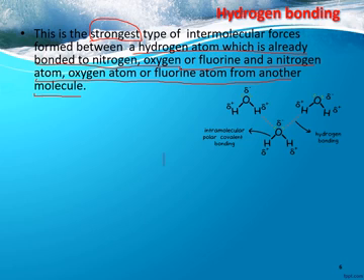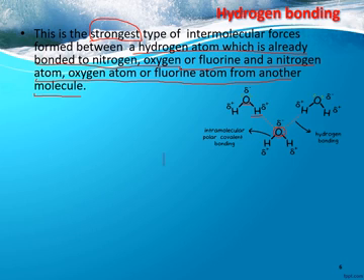Here we have a hydrogen atom, and our hydrogen atom is already connected to oxygen. So because this hydrogen atom is already connected to the oxygen atom, then it can undergo hydrogen bonding with another oxygen atom.